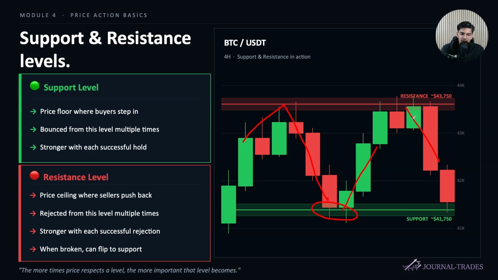One thing you need to understand is that the more times price respects a level, the more important that level becomes. If you have a price level with a lot of rejections, or if the price holds a lot of times, you can understand that the level is becoming more important, because not only is liquidity building up at that level, but also all traders who are trading with support and resistance levels, and essentially almost anyone is doing that.